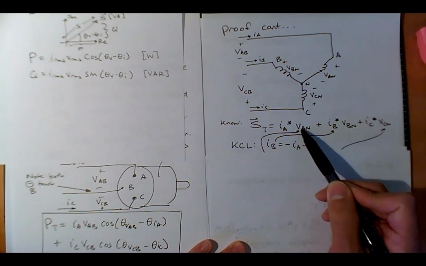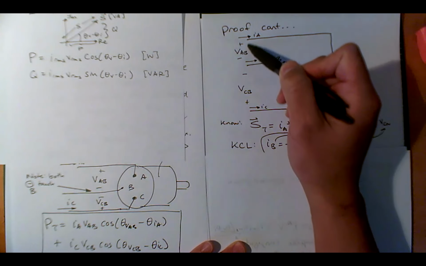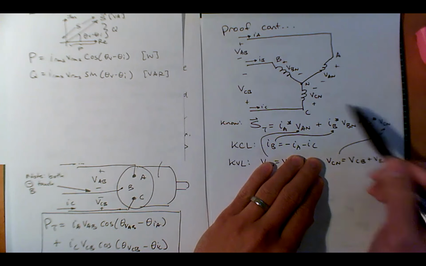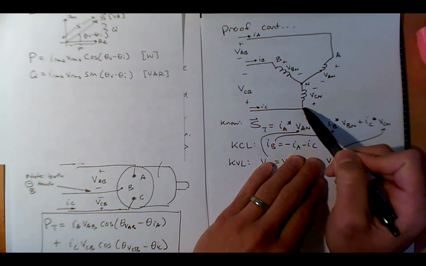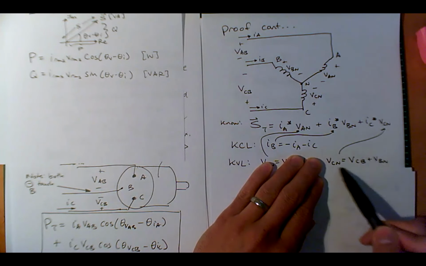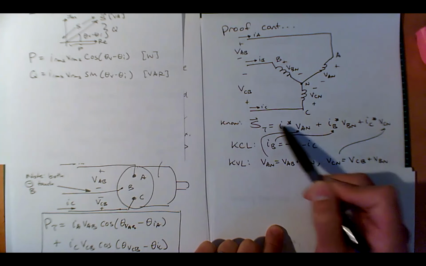Good. This voltage here, VAN, is equal to VBN plus VAB. Good. This voltage here, VCN, is equal to, look at this, minus plus. So I have minus plus minus plus, VBN plus VCB here. And I'm going to take these 3 things and plug them into this equation.